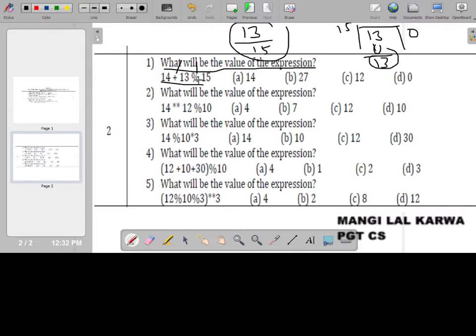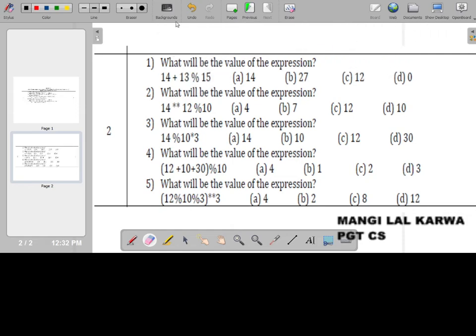So in such cases, when the numerator is lower than the denominator, we will always get the numerator as remainder. So this particular portion will give me 13 as remainder, and 13 plus 14, the answer will be 27.